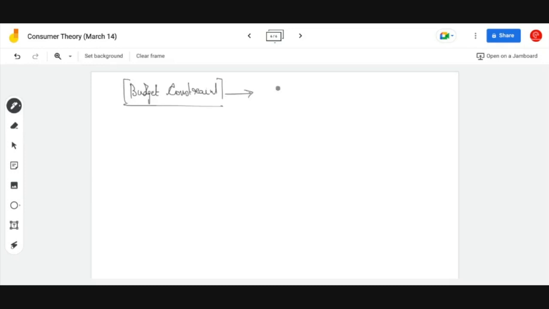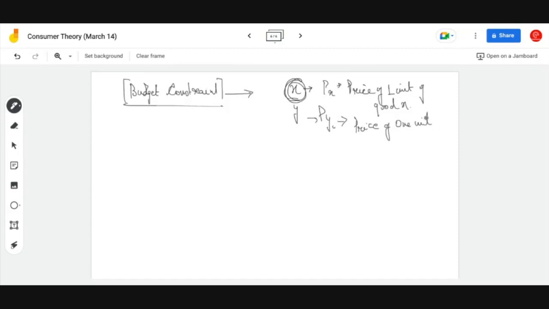So we are having two goods, good X and good Y. Now X must have some price, so let's call it PX. This is the price of one unit of good X. Similarly, PY is the price of one unit of good Y. See, why do we introduce the concept of price?